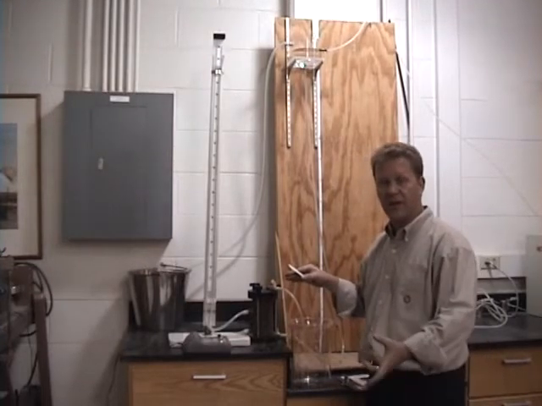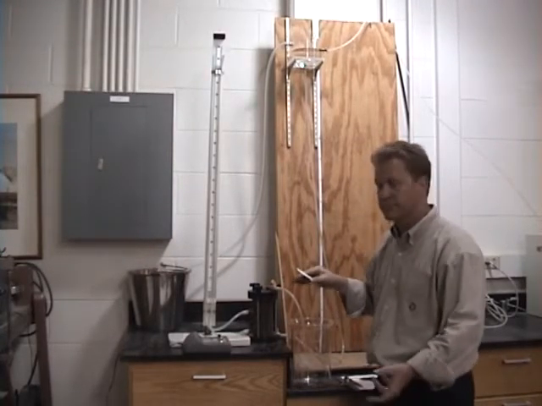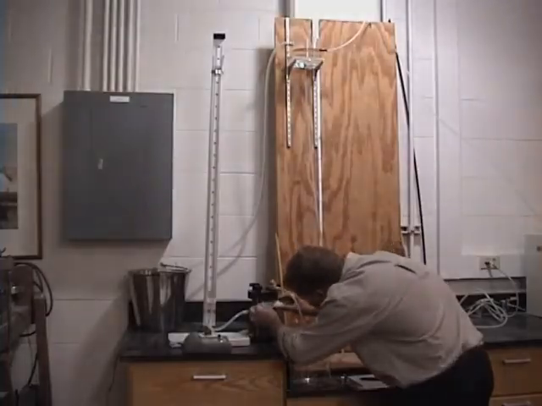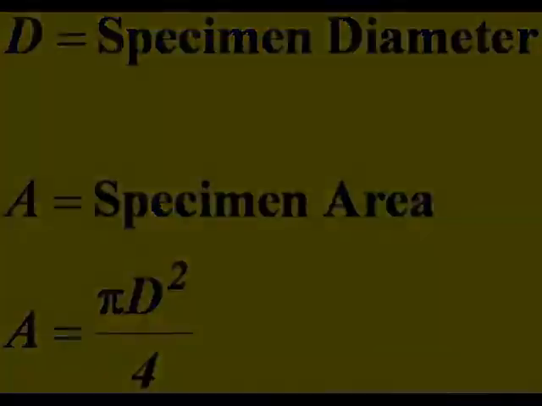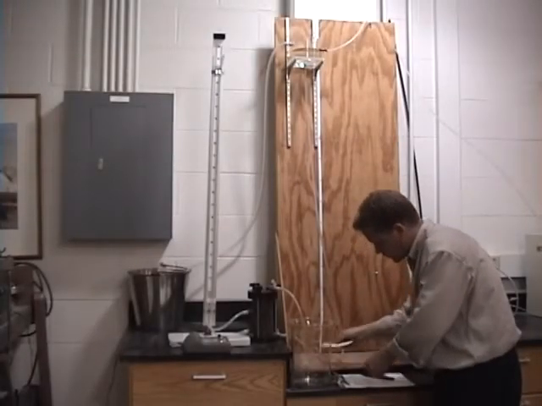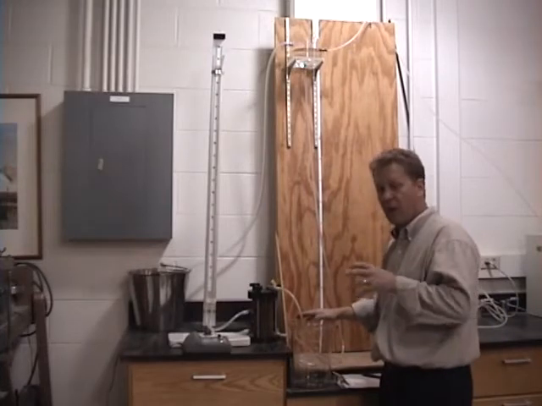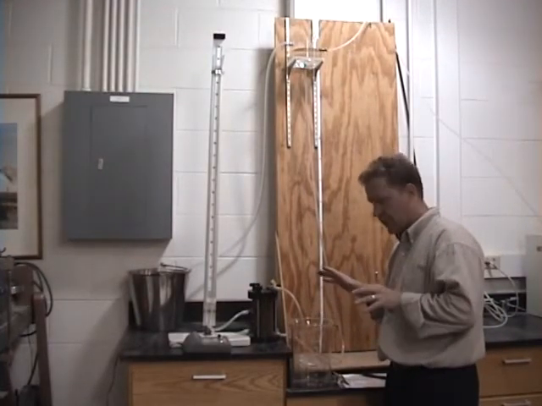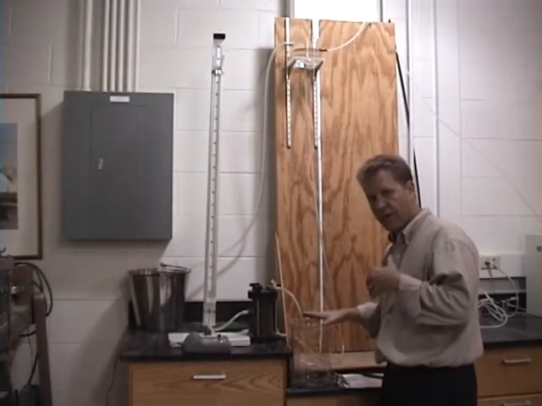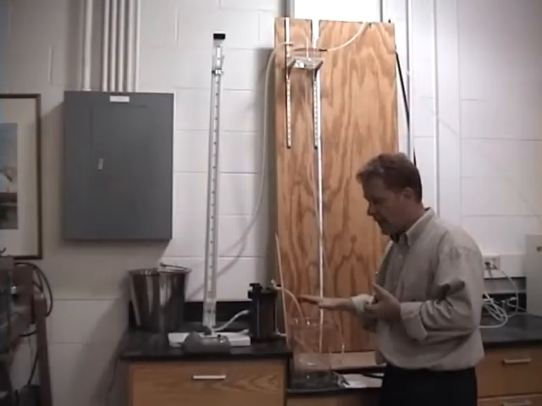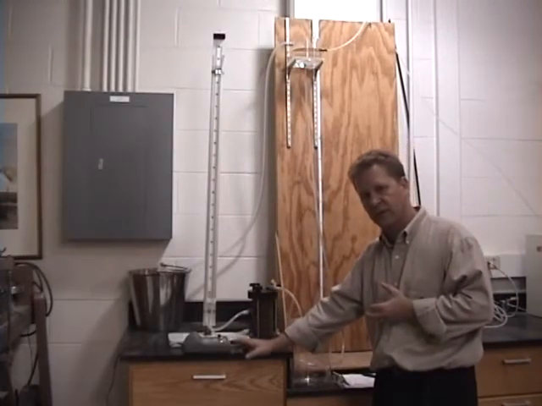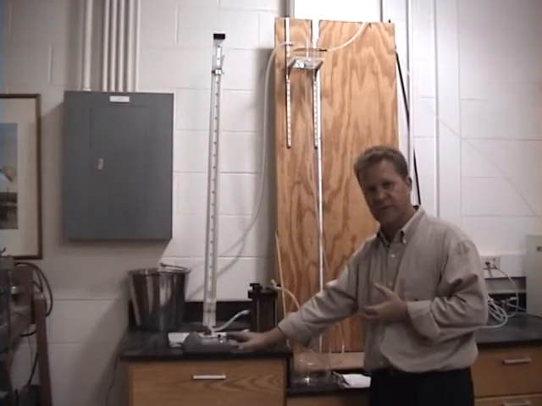The diameter would be D and the corresponding area would be A. So now, I'm going to open up the valves, and I'm going to measure some flow volume over a period of time. The flow volume is uppercase Q. And the period of time over which that flow volume occurs is lowercase t, which I'll measure with some timing device.